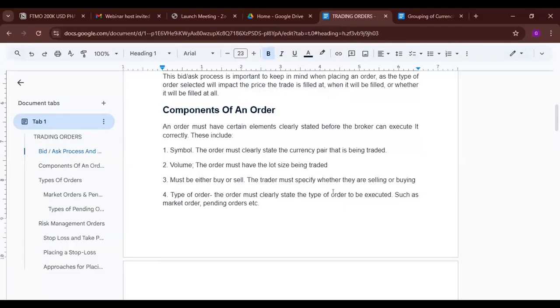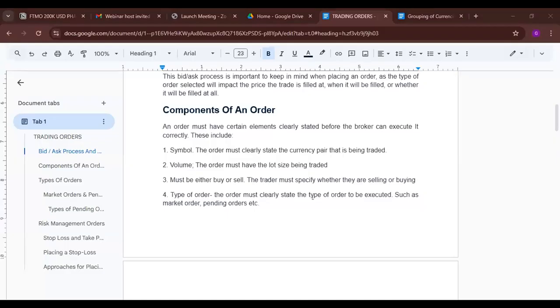The order must clearly state the currency pair being traded, whether GBP USD, Euro USD, or whichever currency you're trading. Then the volume: the order must have the lot size being traded. Then it must specify if it is either a buy or a sell, and the type of order it is. Okay, let's get into the platform and see what you have in terms of that.